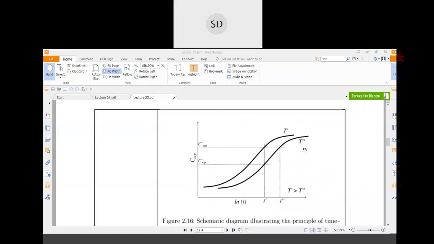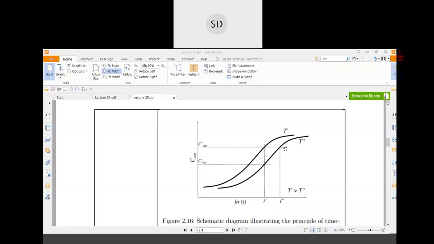Now, consider both of these times. At a particular time T dash, this is your creep compliance, and at T double dash, this is your creep compliance. Okay.